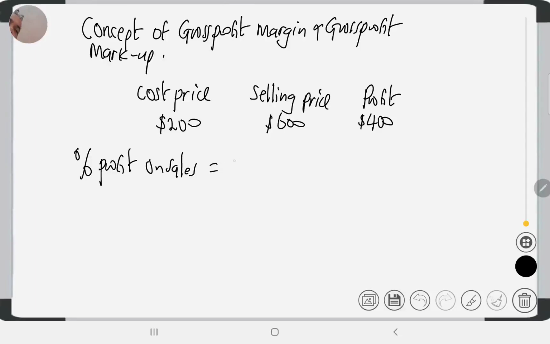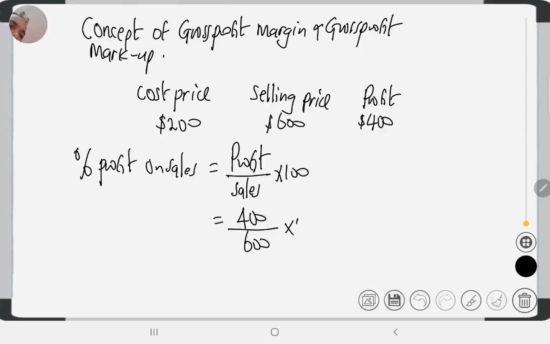Percentage profit on sales is equal to profit over sales times 100 as a percentage. So what is the profit? 400. What is sales? 600. This will give us 67% approximately.